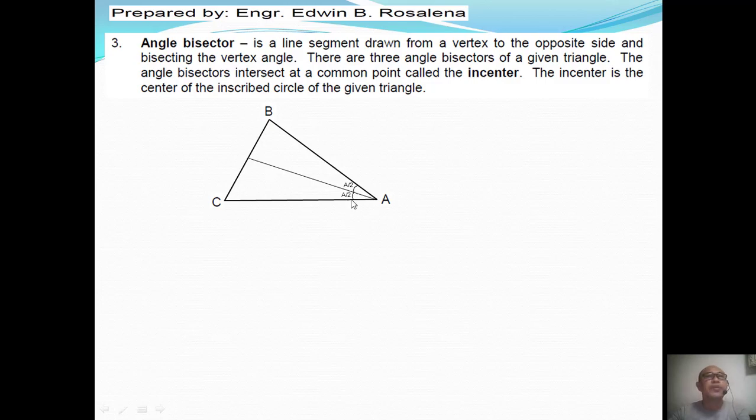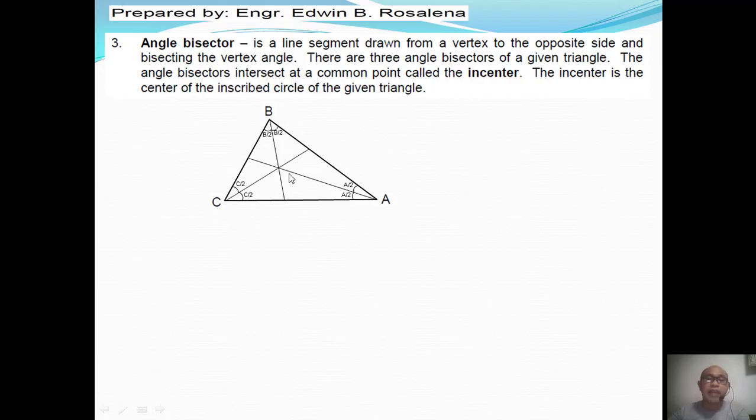I can draw an angle bisector of angle B. So this is being bisected, so this measures B over 2, B over 2. I can bisect also angle C. So I have here the measure of angle C over 2, C over 2.